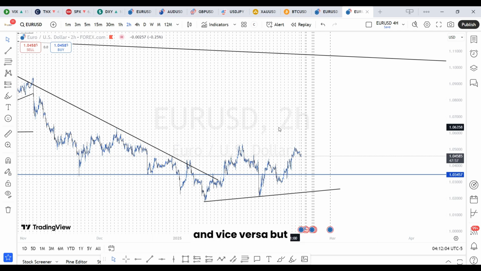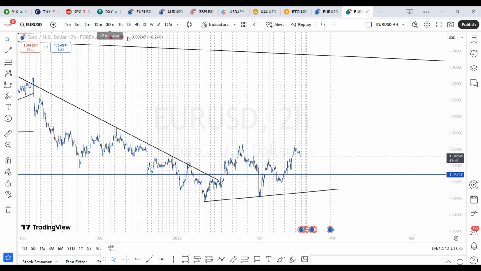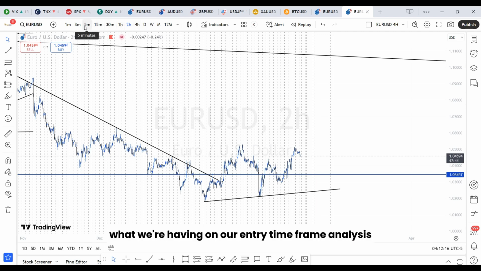But what's happening on our lower time frame analysis might not necessarily change what's happening on our higher time frame analysis. What we're having on our entry time frame analysis might not necessarily change what we're having on our lower time frame analysis and on our higher time frame analysis.